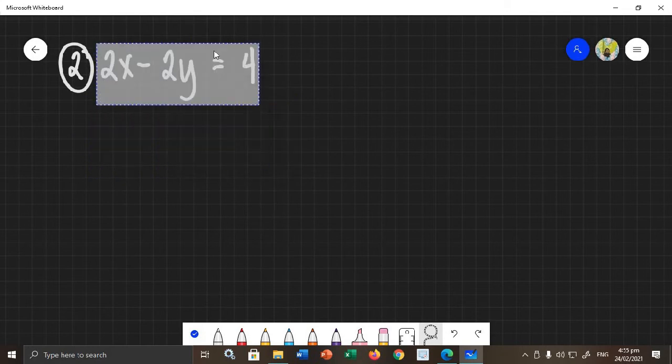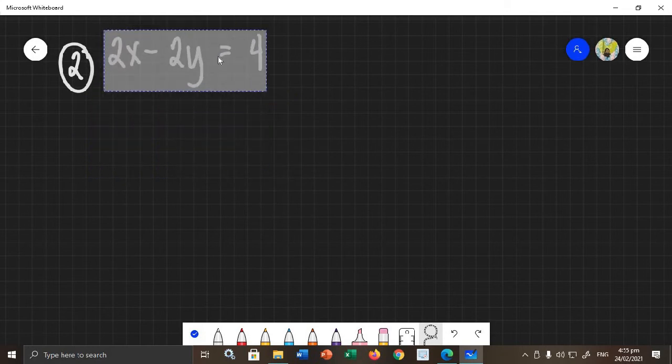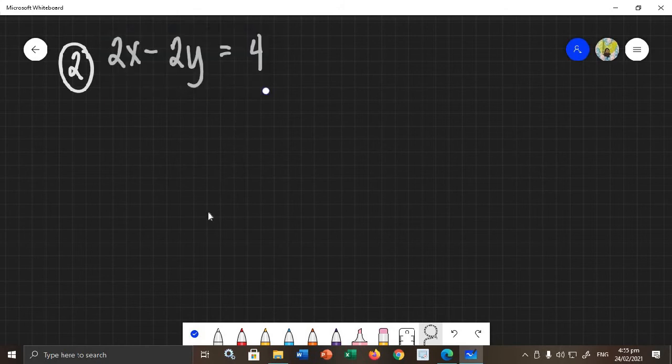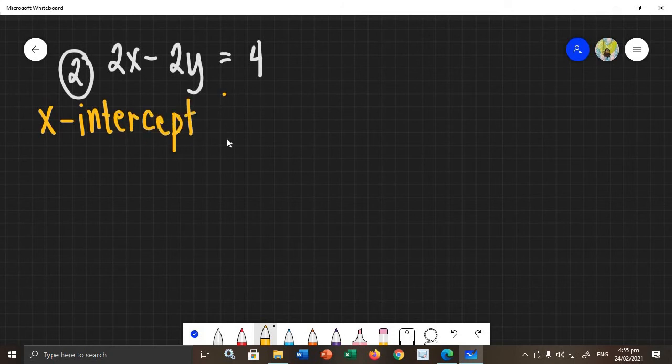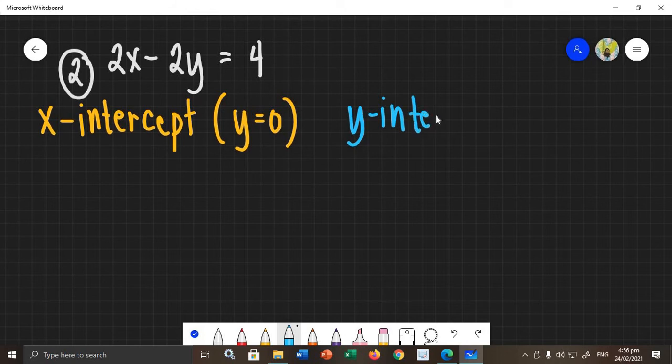Okay na siya, naka-standard form na si 2x minus 2y equals 4. Now, just like what we did earlier, we will look for the x-intercept, wherein your y is equal to 0 here, and then your y-intercept, wherein your x is equal to 0.